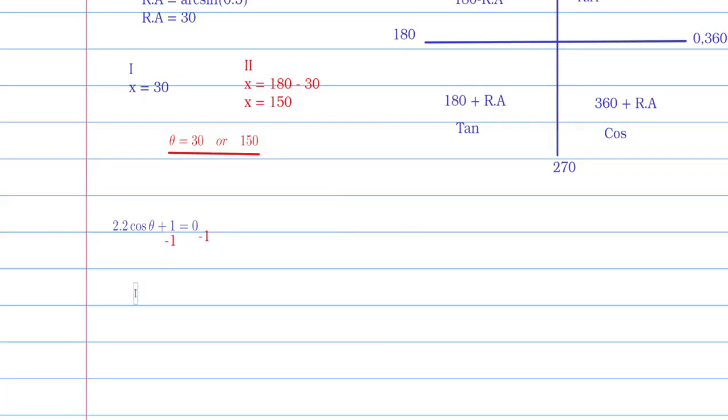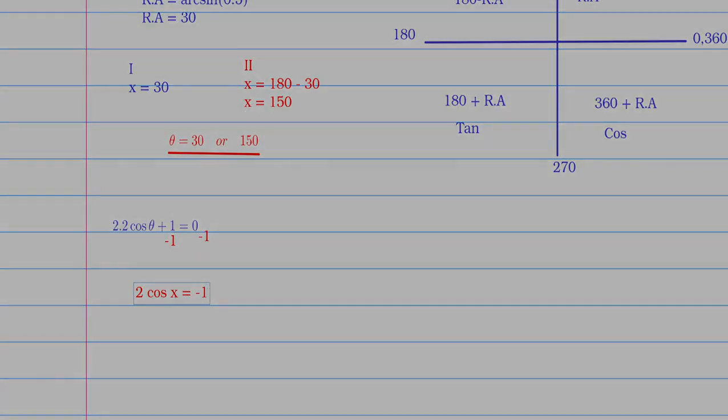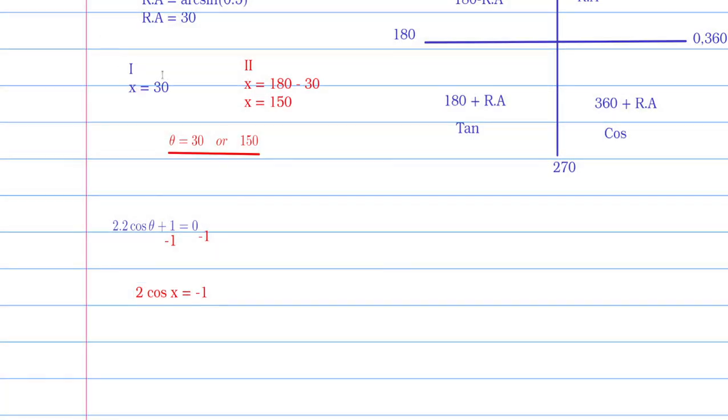our cosine of theta, let me use x for theta. So 2 cosine theta is equal to 0 minus 1. That's a negative 1. Then we divide both sides by 2. This one is over 2, this one is over 2.